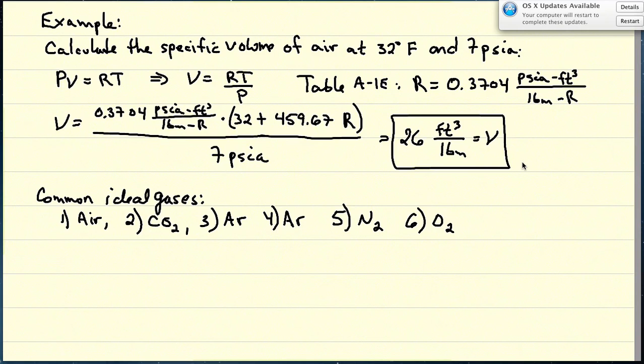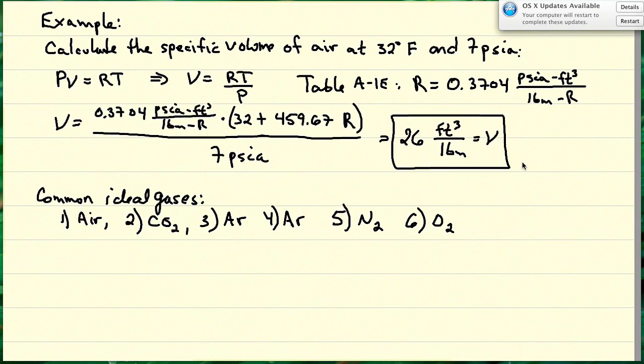Now, in the case of ideal gases, we can't go to a table. There are so many ideal gases, just look at this list here, there are six different gases. We can't create a table for every single substance. It's just not practical. But fortunately, their energy behavior and entropy behavior is consistent so long as they're behaving as an ideal gas.